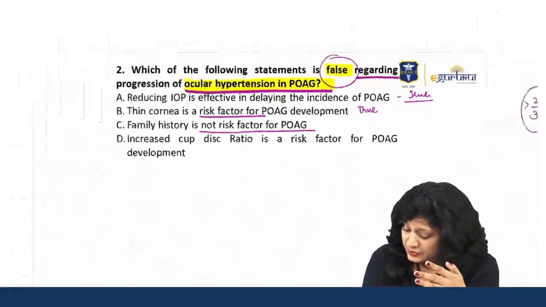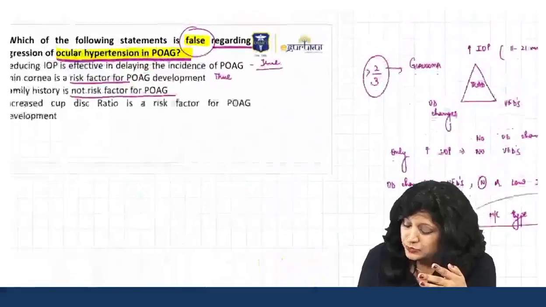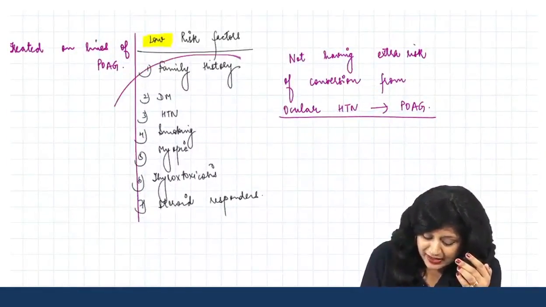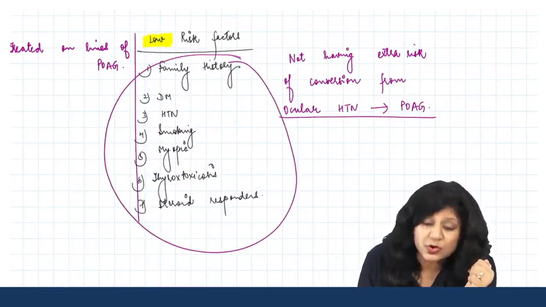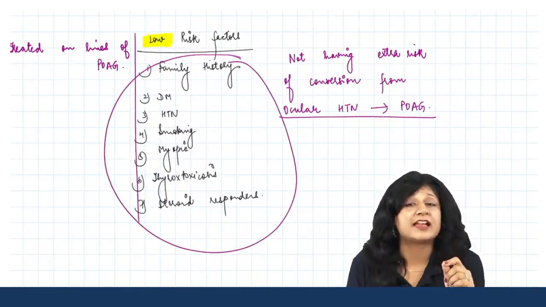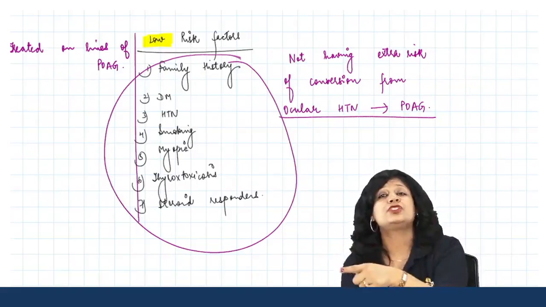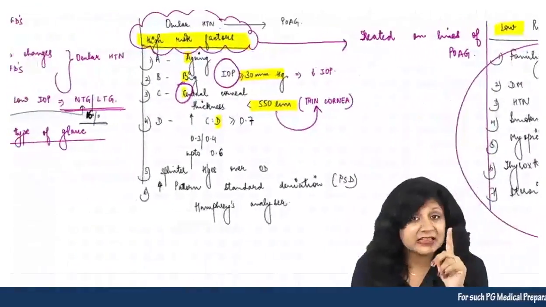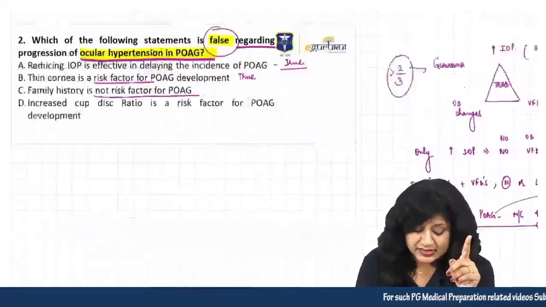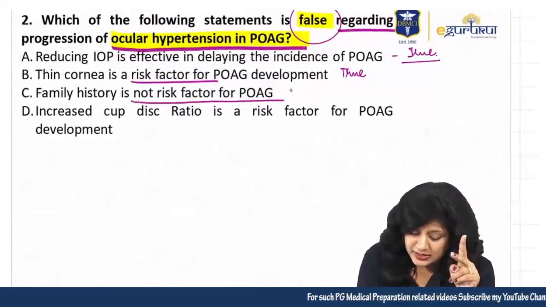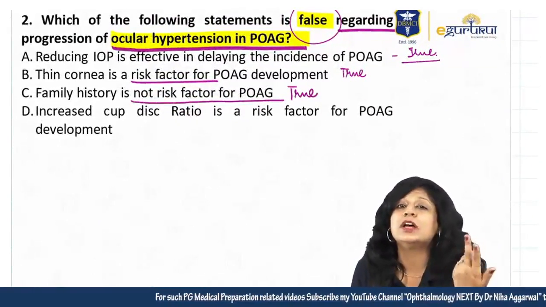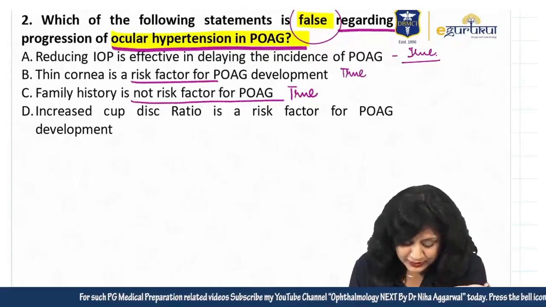I told you here everything. These are all risk factors of POAG, but they do not have the extra risk for ocular hypertension to POAG conversion. So in that respect, this statement is also true. It is a risk factor, but not a risk factor for the conversion of ocular hypertension to POAG.